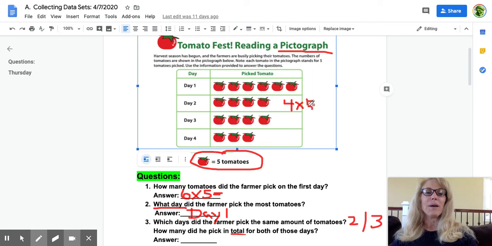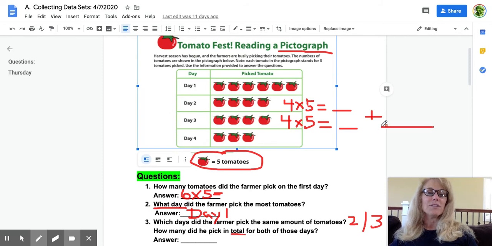So let's do that math. All right. We have to have a total. So it's the total number picked for day 2 and day 3. So again, we have 4 tomatoes. Each one is worth a total of 5 tomatoes picked. We're going to multiply to get our answer, and then we're going to add those 2 together.